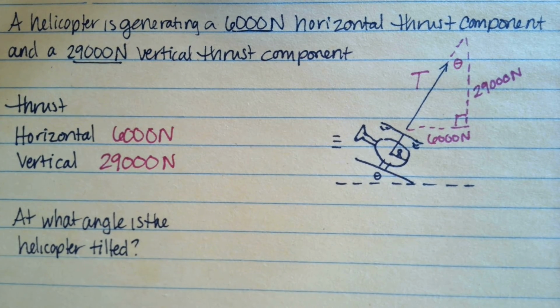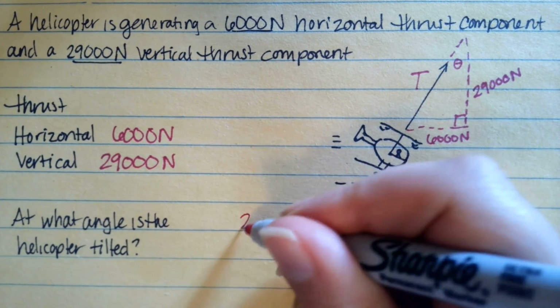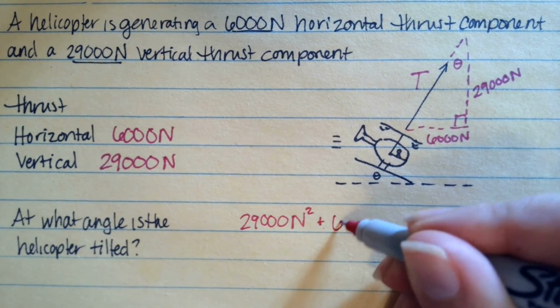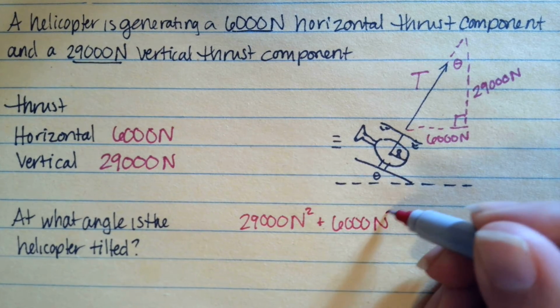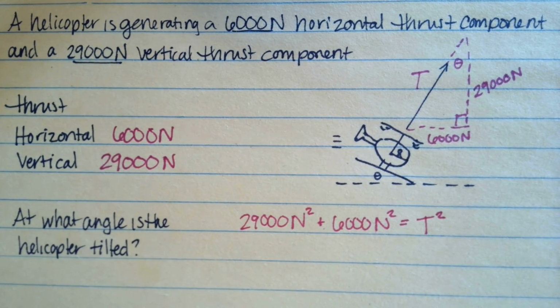In order to do that, we can use the Pythagorean theorem because we have 2 out of 3 sides of a right triangle. So 29,000 newtons squared plus 6,000 newtons squared is equal to thrust squared. Square those, add them together, square root it.